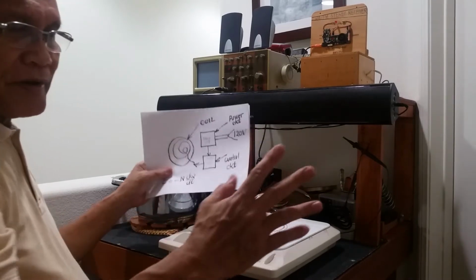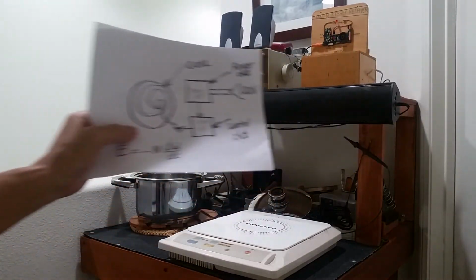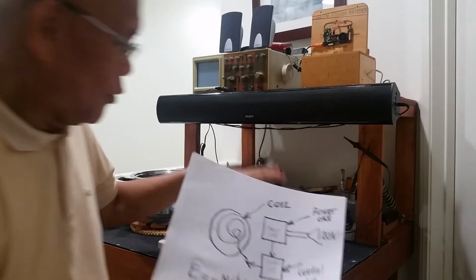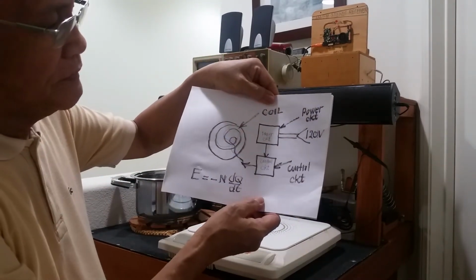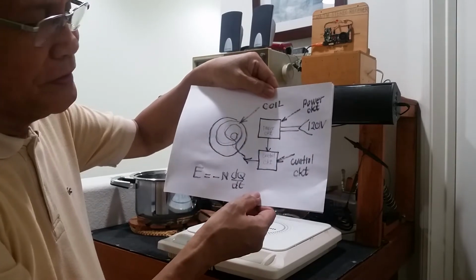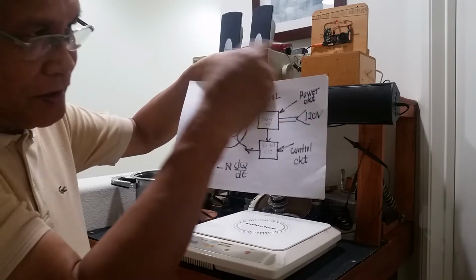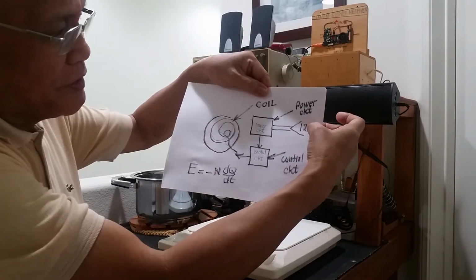The power circuit of an induction stove is something like this. The one inside. We've got the power circuit, we've got the control circuit, then next to the control circuit is the coil, the one I've shown you, the circular thing. So you inject a voltage here.